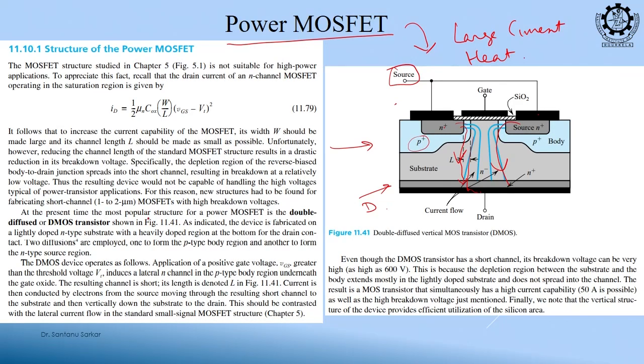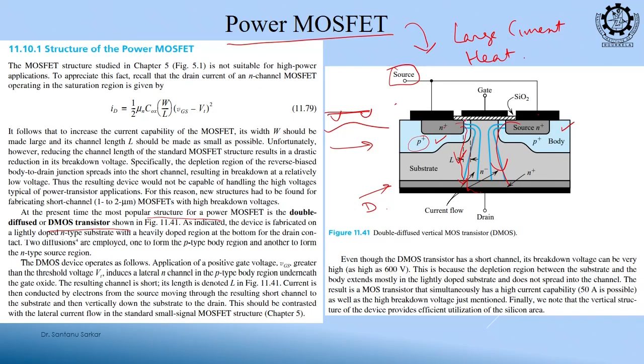This structure is known as the double diffused or DMOS transistor. In this structure you see there is one diffusion and there is another diffusion, double diffused. The previous normal MOSFET was like this junction, right.